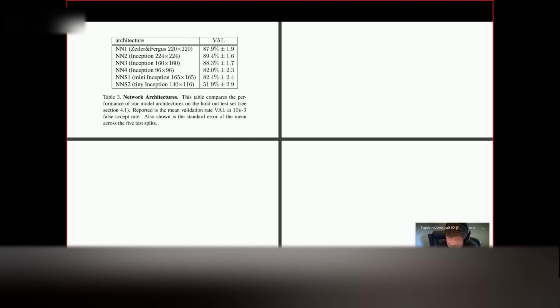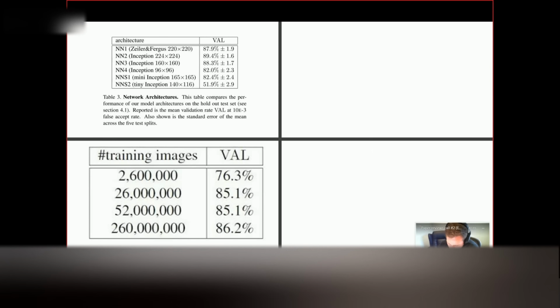So the data sets and the results. As we've seen, the inception was the one that they used. They used 26, or in fact 260 million at some point, images. One interesting piece about this is how they got these 260 million faces. This is Google, so they have access to a lot of data.